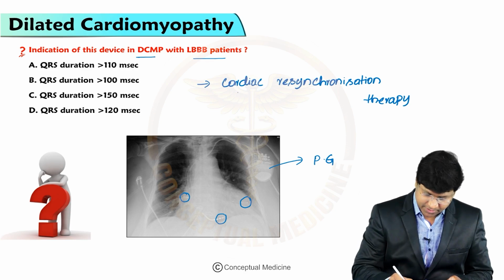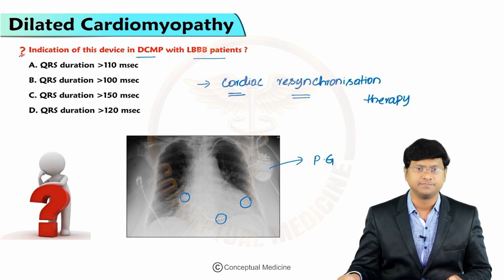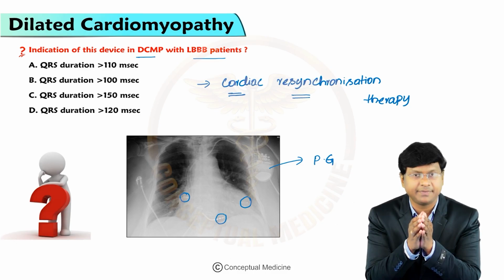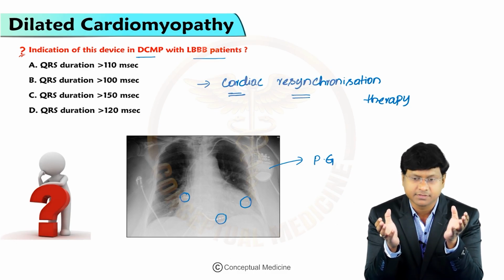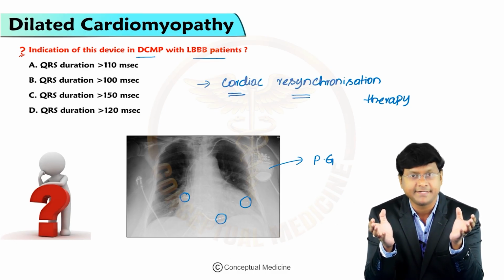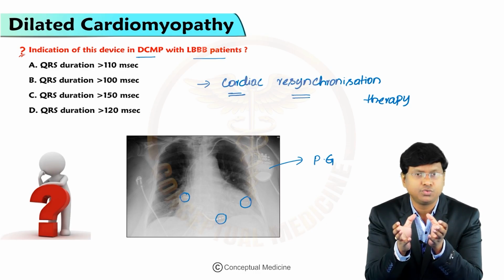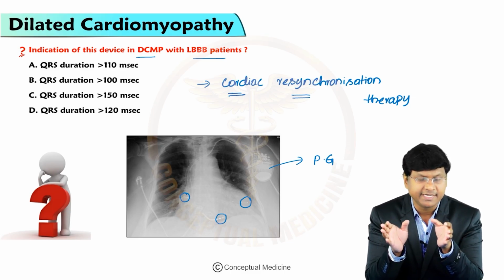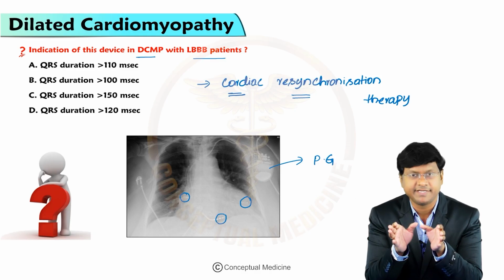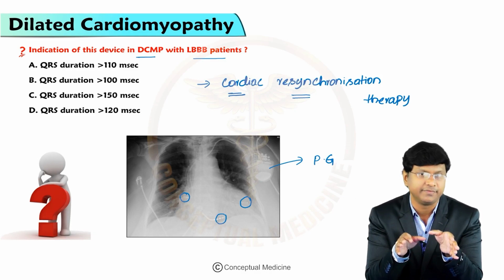The word itself tells you, cardiac resynchronization. Actually, in dilated cardiomyopathy, the right and left chambers are abnormally dilated, and the synchrony between the two ventricular contractions is gone. The right ventricle and left ventricle don't contract simultaneously, which has to occur in a normal individual.